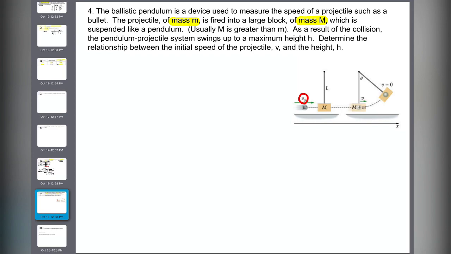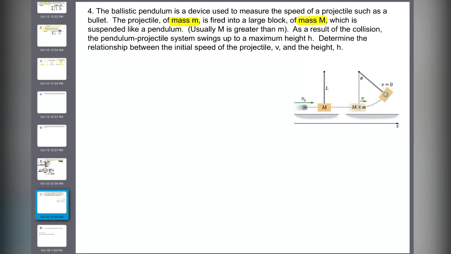Basically, they use a camera and observe the height it goes to. If they know how high the block would lift up on the pendulum when the bullet is shot, then they can indirectly figure out the initial speed of the bullet.